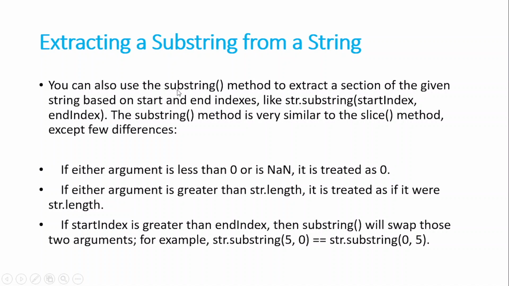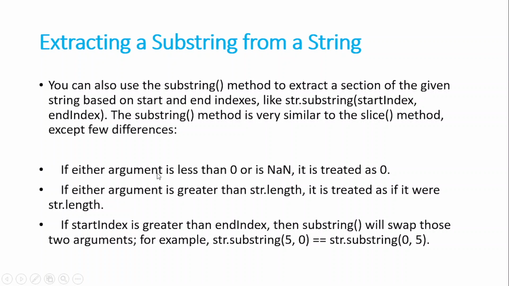You can also use a substring method to extract a section of a given string based on start and end index, like str.substring. So this is also another method, just like the slice method. We can also specify start and end index in the substring method. The substring method is very similar to the slice method except for a few differences.